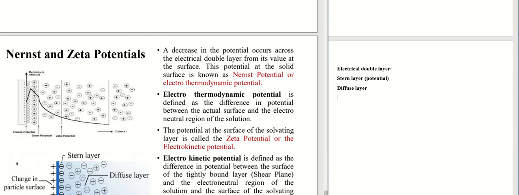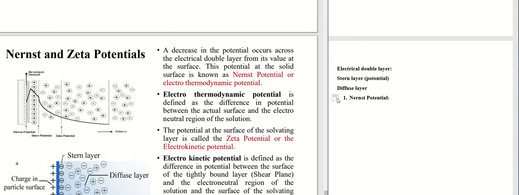Now let's discuss two more important potentials that exist across the Stern layer and the diffuse layer. The first one is the Nernst potential, the surface potential, the one that exists on the surface of the drug particle.